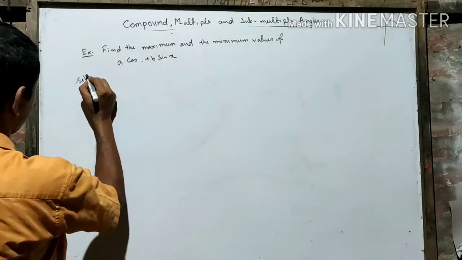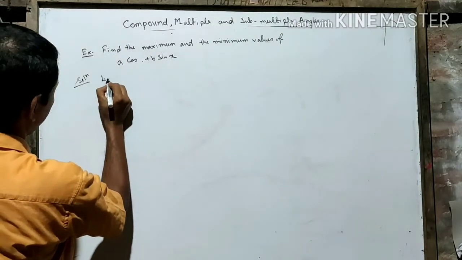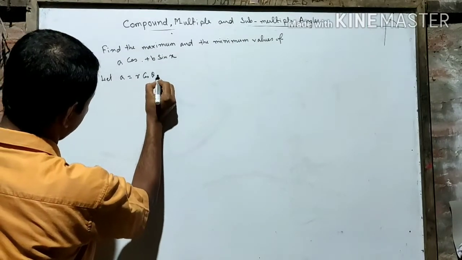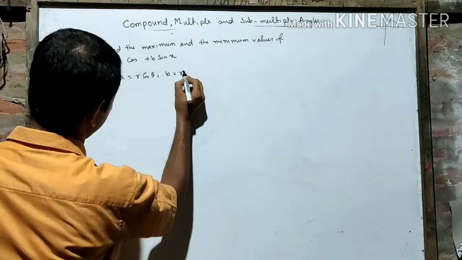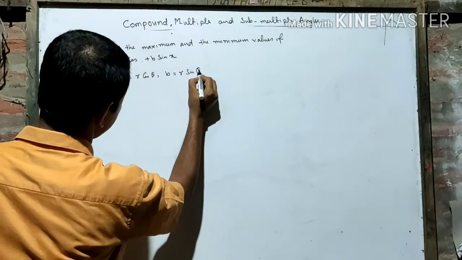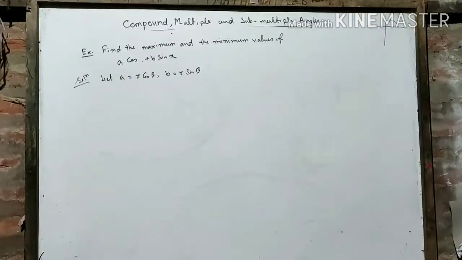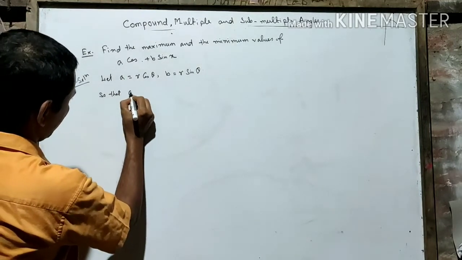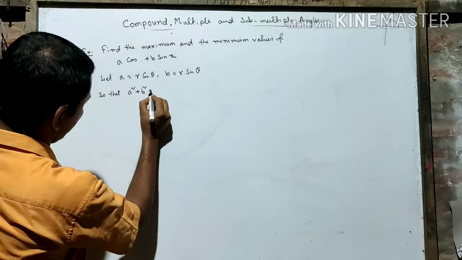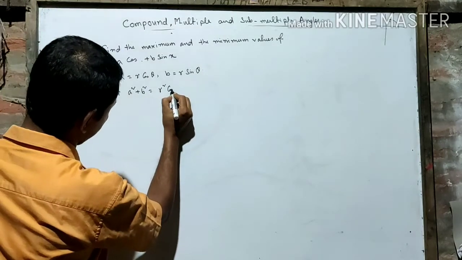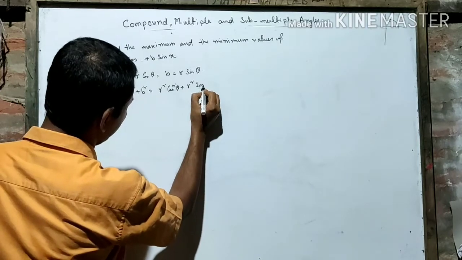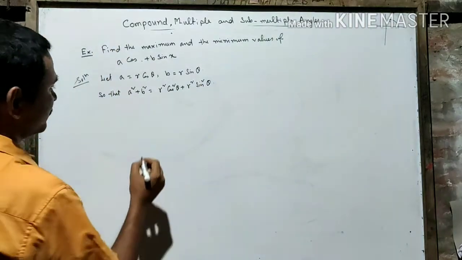Solution. To find the maximum and minimum value, let us take A is equal to R into cos theta and B is equal to R into sin theta. Okay, so that A square plus B square equals R square cos square theta plus R square sin square theta.